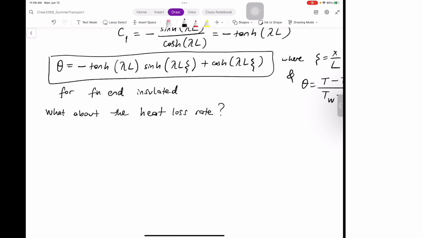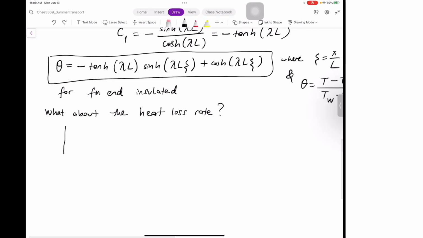Now, there are two ways to find the amount of heat loss per unit time. One is the integral approach, and the other is the derivative approach.